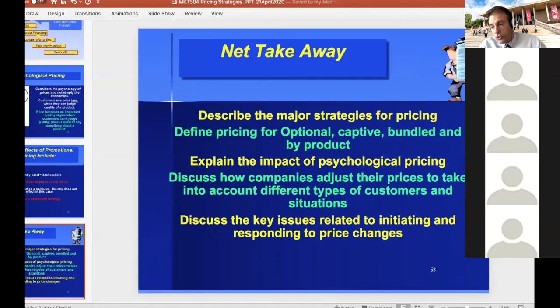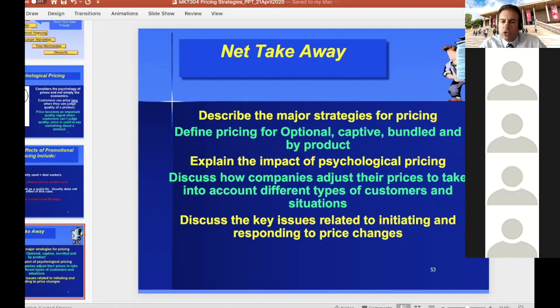Therefore, that could be good for the quality perception. But you can also help them feel more comfortable by setting the price with a 99 cents type of addition to the price, and that would make it perceived as much lower.